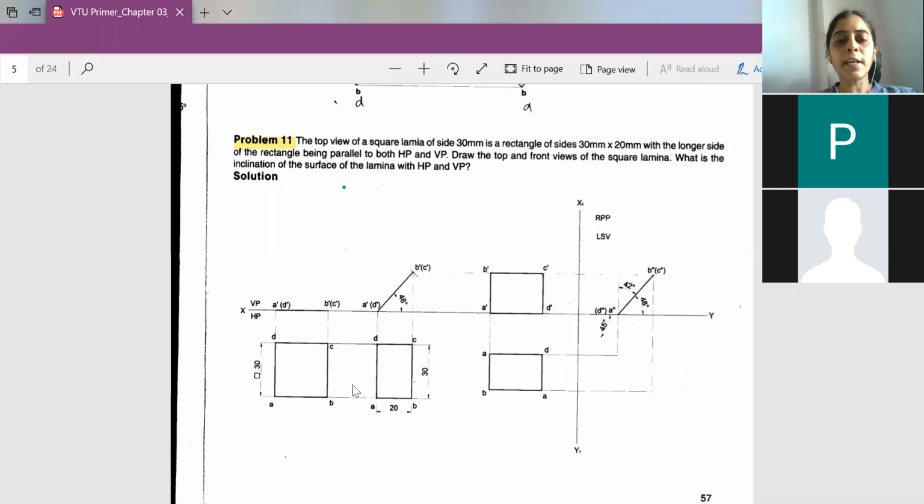So now in the second position you have got the apparent shape of the top view and you have the inclination with respect to HP also, right? And then it is told that the longer side of the rectangle is parallel to both HP and VP. Once we kept it parallel to HP, next we should keep it parallel to VP also.